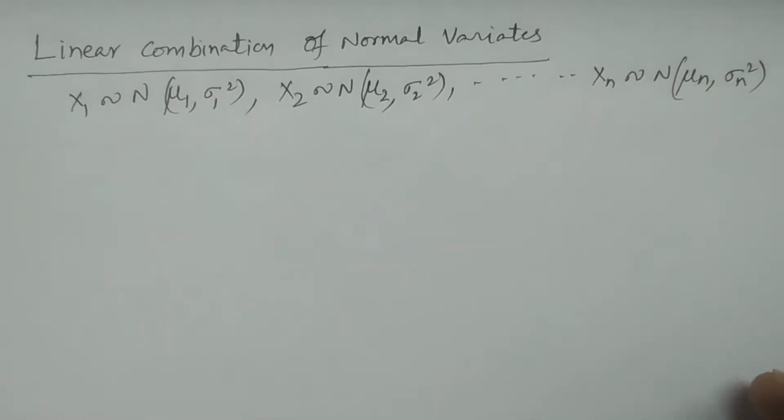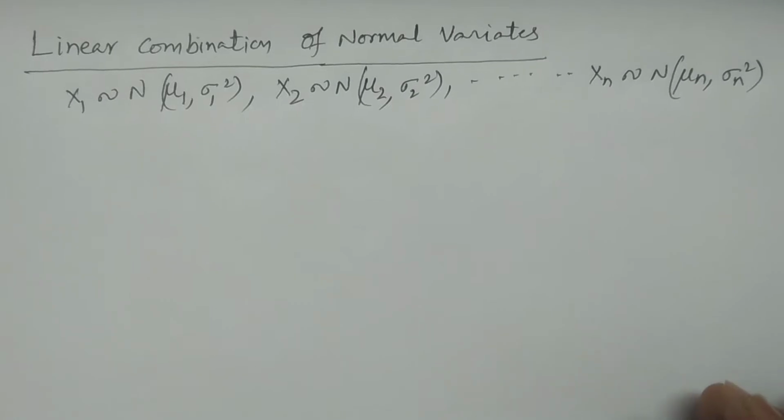So x1, x2, and so on, xn are n independent normal random variables I have considered.